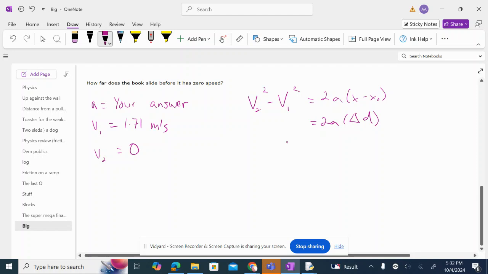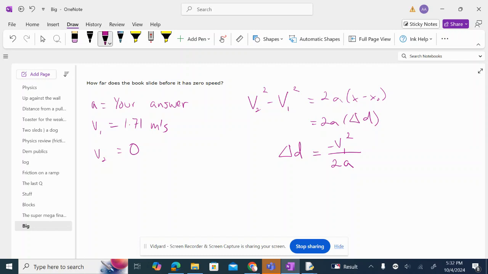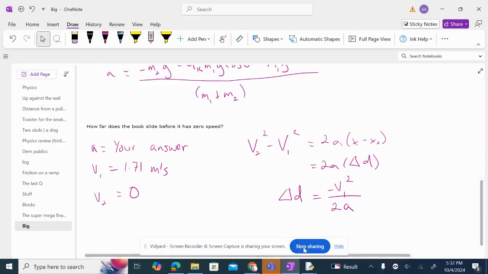And then if we were to rearrange this equation, we would get delta d, because that's what we're trying to isolate for, is equal to negative initial velocity squared divided by 2a. And then you can solve your equation and you should get, depending on your numbers, anywhere from 0 point something to 1 point something meters. You go ahead and put that answer, and that is how to solve this question.